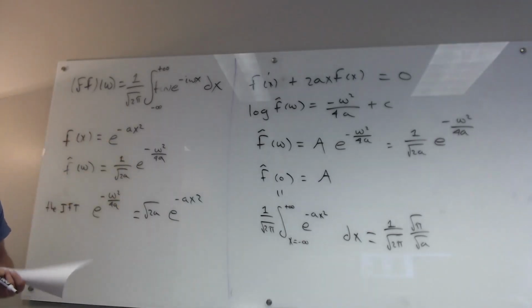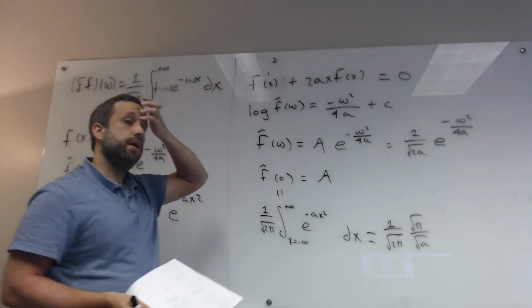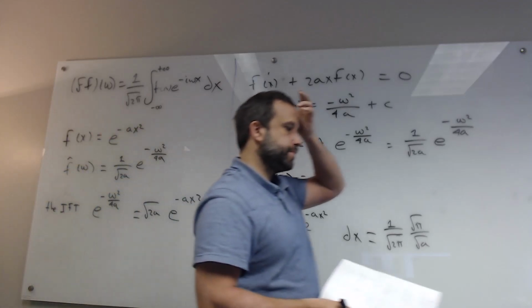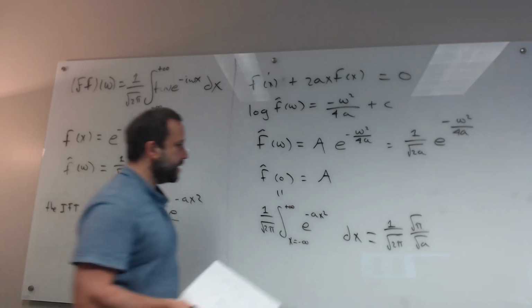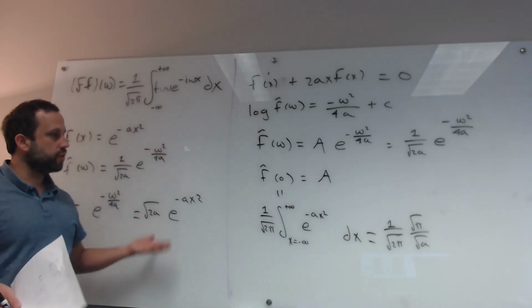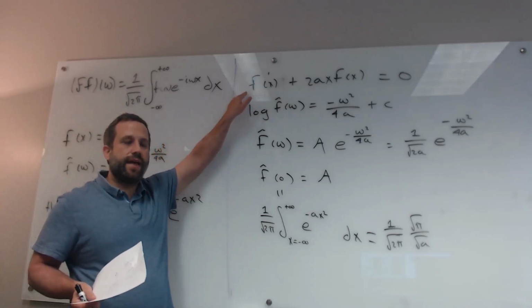This way is less straightforward. We're not computing the Fourier transform directly, we're using this fact here. I got this from a book by Rustam Choksi, a book that I've used before for this class. This was not my idea to do it this way. The thing that I don't like about it is that you have to understand this.